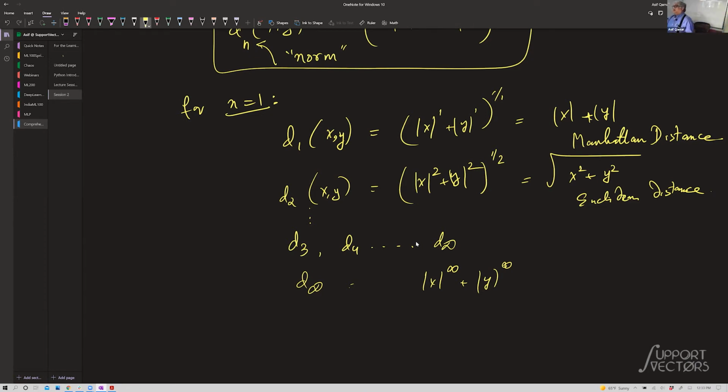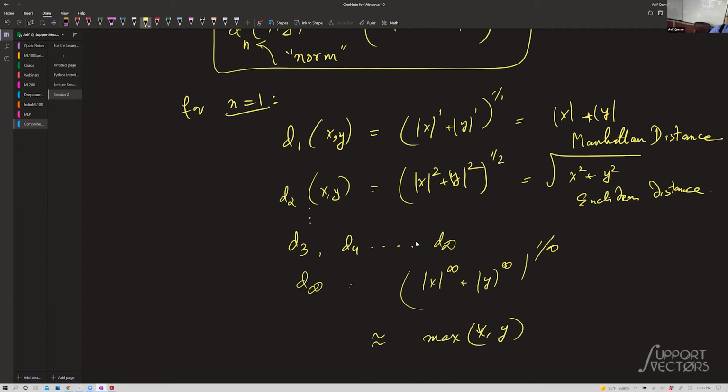The bigger number will dominate and the other number will disappear, isn't it? So then you take the 1 over infinity power of it. This is approximately the maximal value, the maximum of x or y. It is basically the max of x, y.